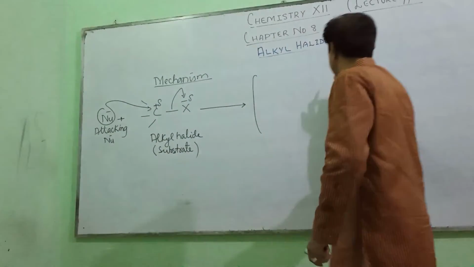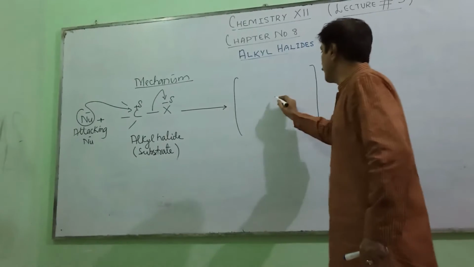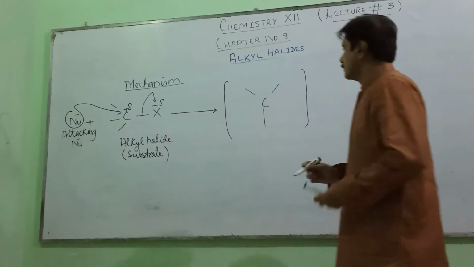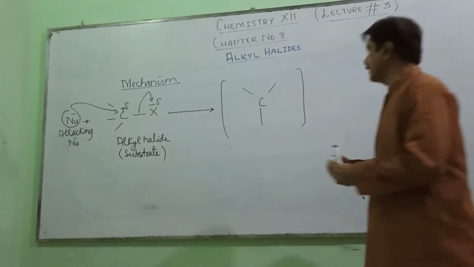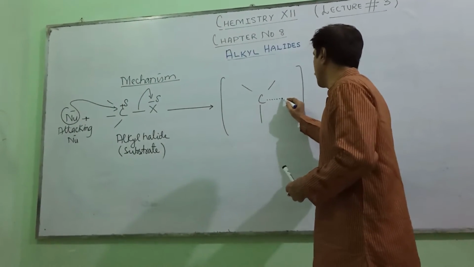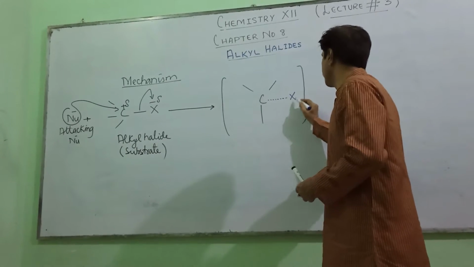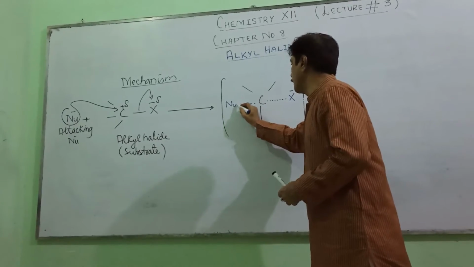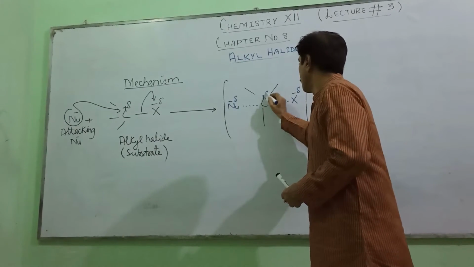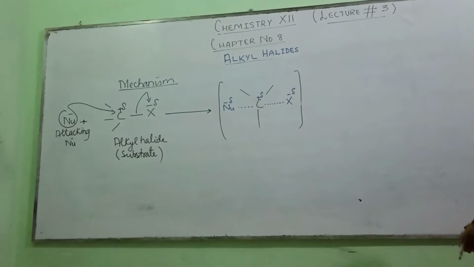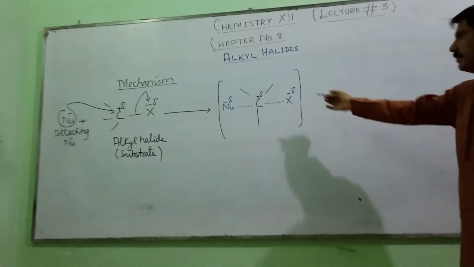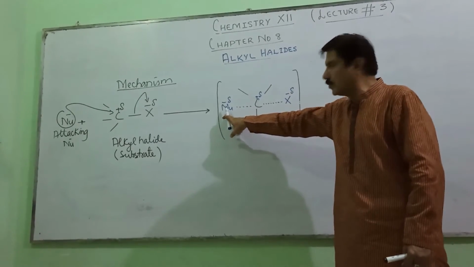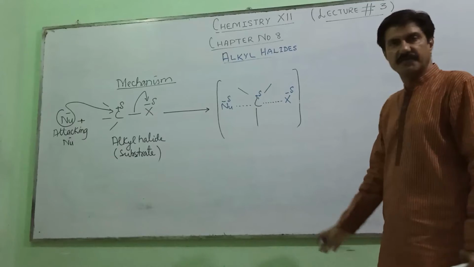Now the transition state will be obtained, where three bonds of carbon are shown intact, while the fourth valency of carbon will be distributed in such a way that the bond between carbon and halogen atom is shown half broken by means of a dotted line, and the bond between carbon and the attacking nucleophile is shown half formed by means of a dotted line.